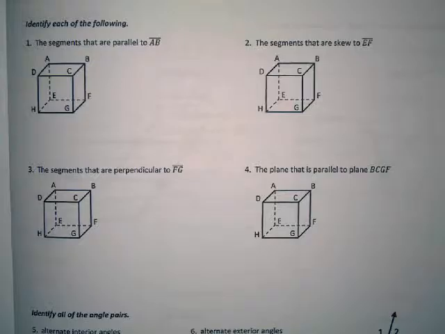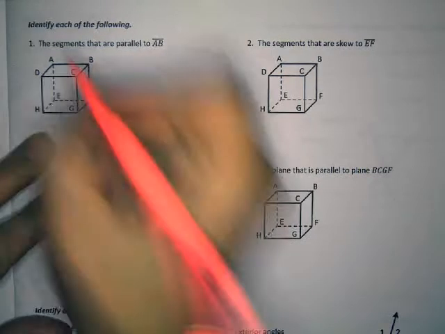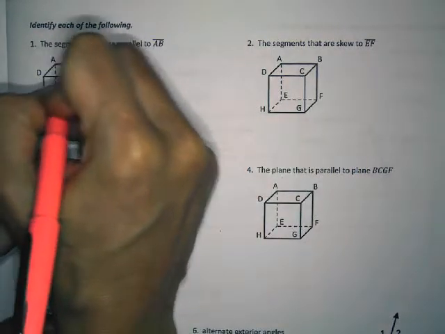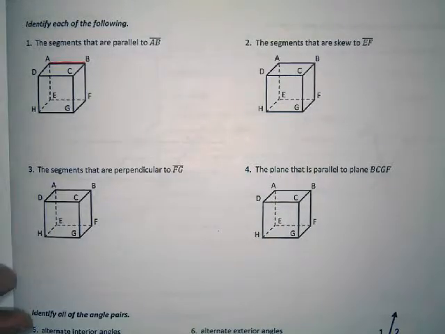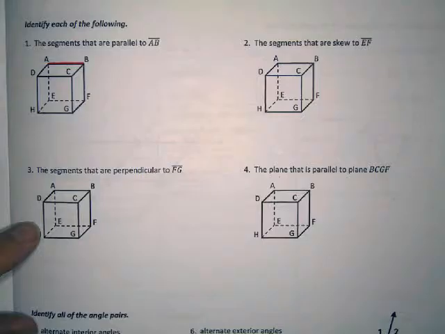Okay, so our first examples go with that first target of identifying parallel lines, perpendicular lines, skew lines, and parallel planes. So my first question asks me to identify segments that are parallel to AB. So I'm just going to highlight that here. Again, it's asking us for segments, so that's why we're using our segment notation here.